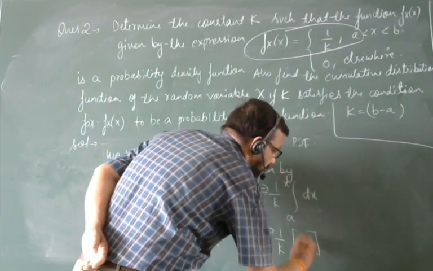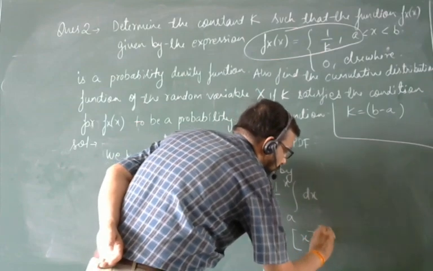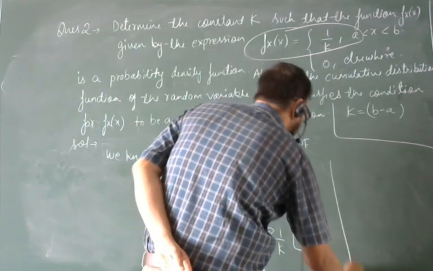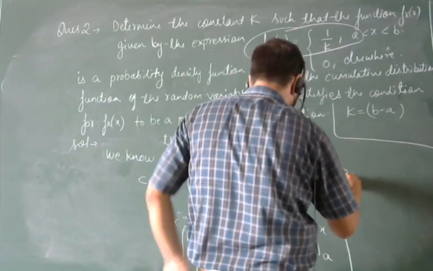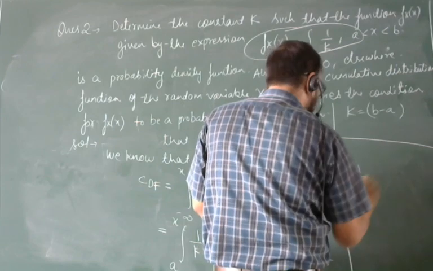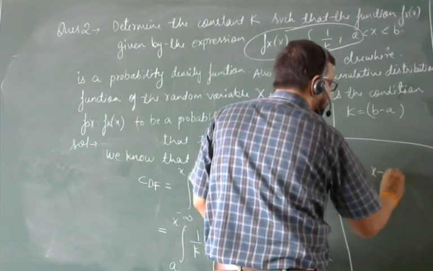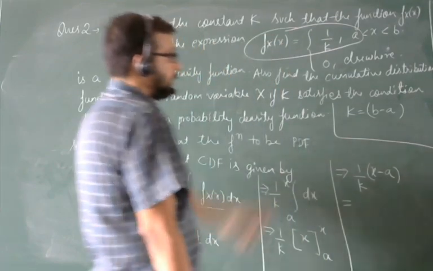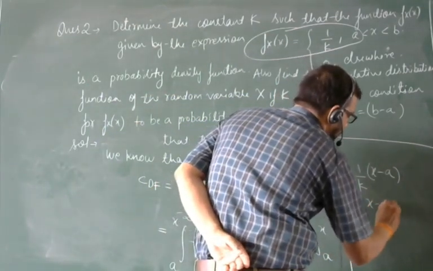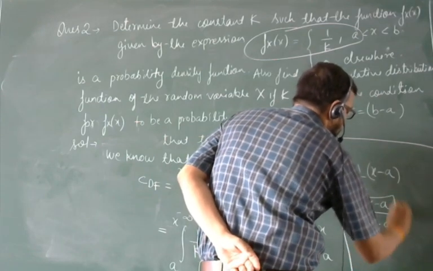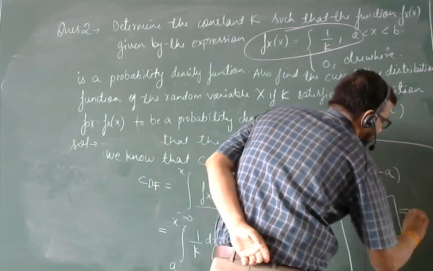Integration आप करेंगे, simply we get the value x, and here the limit x and a, and we get 1 upon k. After placing the limit we get x minus a, and also after placing the value of the k we get x minus a upon b minus a. This is the value of the CDF.